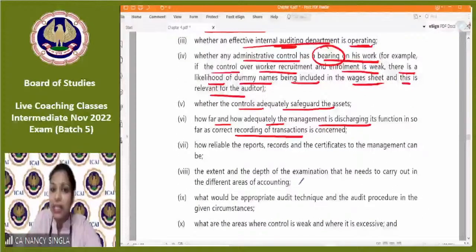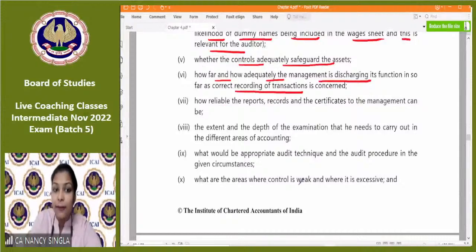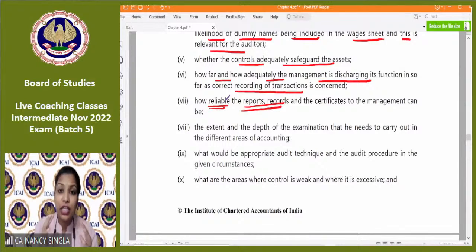Recording of transactions जैसा होना चाहिए था वैसा कर रहे हैं. Records, reports, whatever are getting generated, whether these are reliable or not. है ना. तो अभी तक what we have tried to understand is whether the quality of the internal control is good or not with respect to the area of work where they have been implemented by the management.